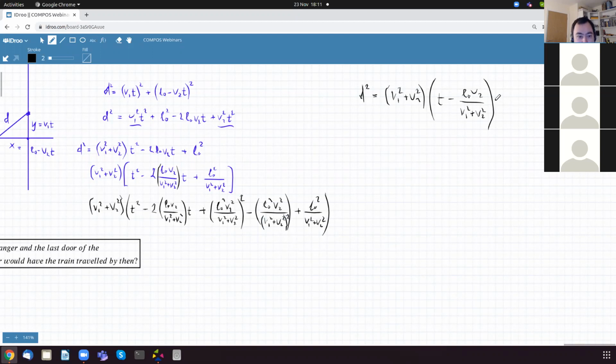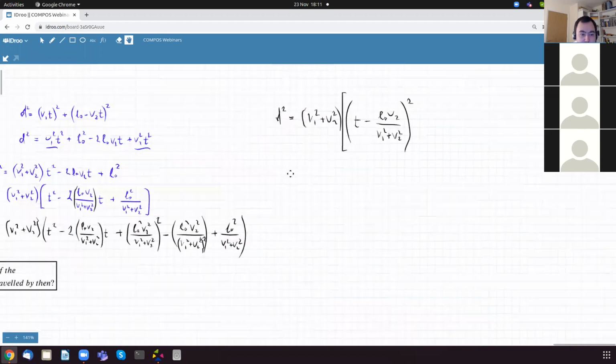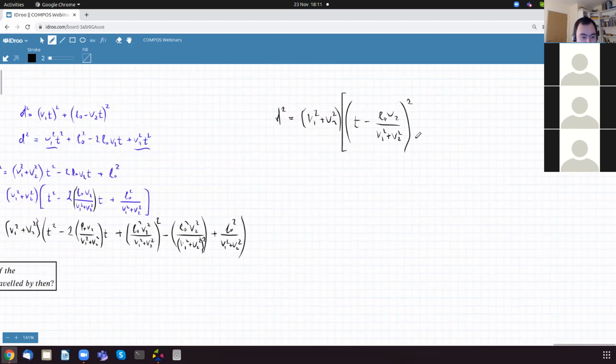Okay. v1, and then that's a squared term. Okay, I'm not in a hurry to expand. And then we have, actually I will expand.